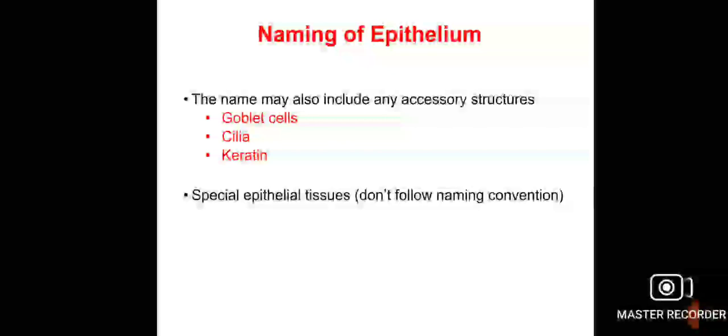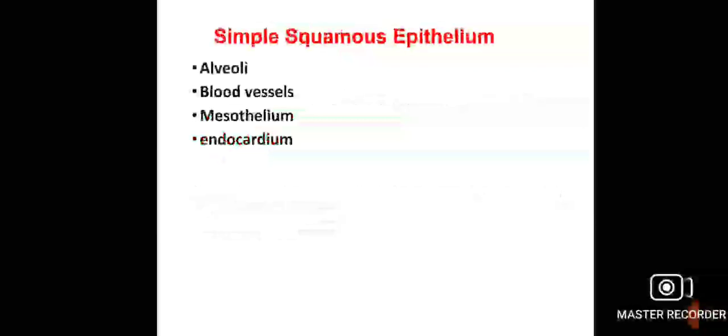Now there are special epithelial tissues which don't follow any naming convention. For example, the pseudostratified epithelium. Pseudo means false and stratified means layers. So this is the epithelium which gives an appearance of false stratification, and the other is transitional epithelium.